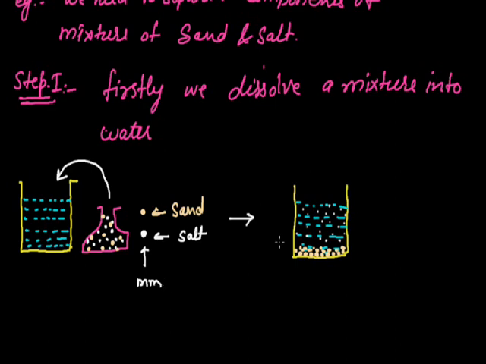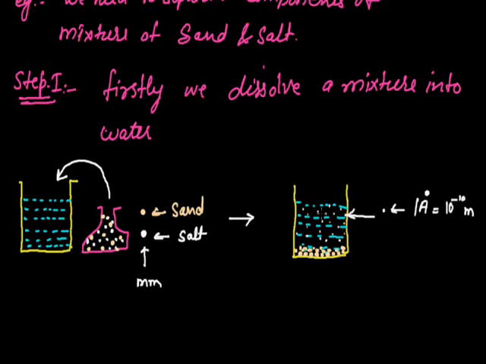But after dissolution, the particle size of salt becomes of the order of angstrom, and one angstrom is equal to 10⁻¹⁰ meter, which is too small for visualization. We can't observe these particles of salt with naked eyes or any microscope. So after dissolution, salt particles disappear.